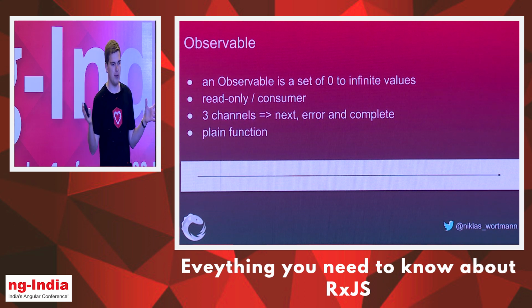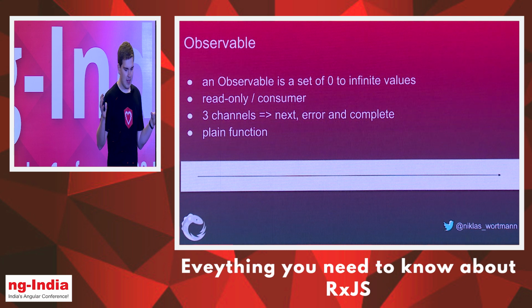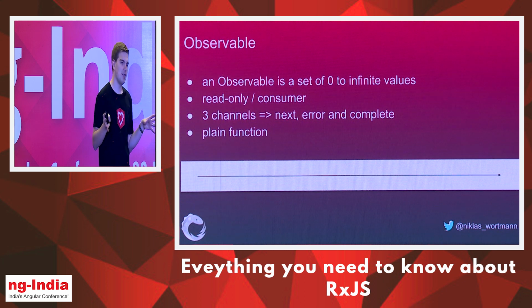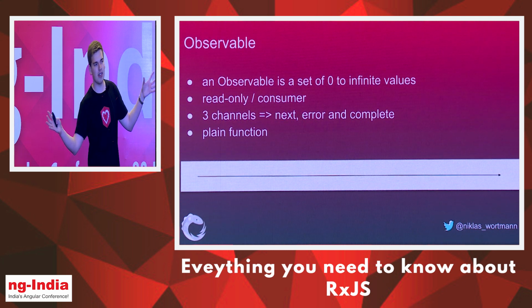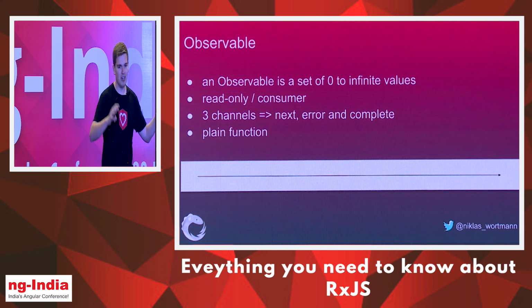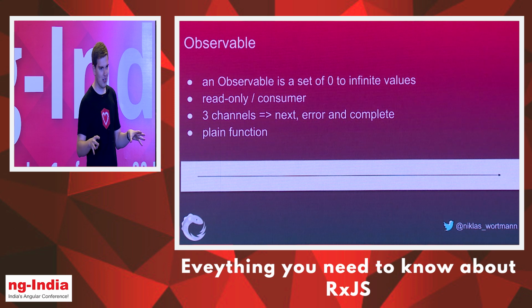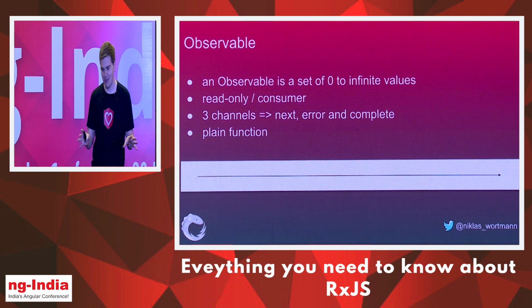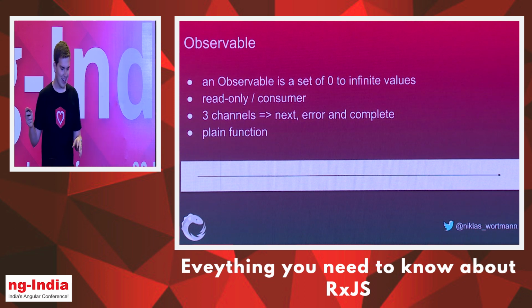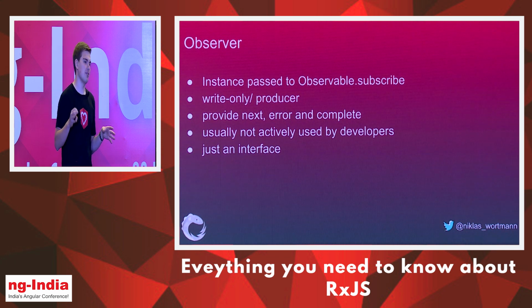So after an error, the stream is dead, right? And one thing many complain about is that RxJS is black magic and some magic is happening here and there. It's just a plain function. I promise you, I checked the code, it is. I promise.